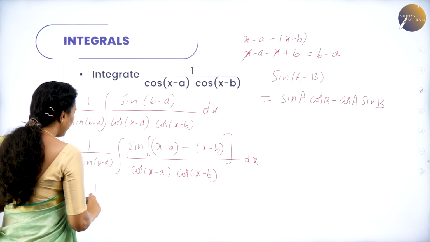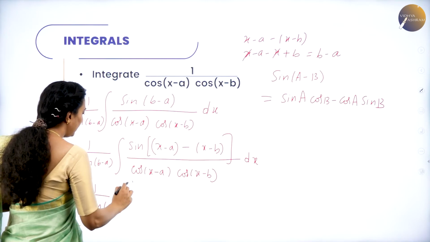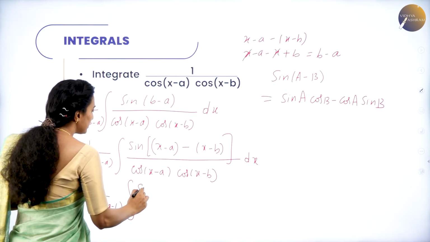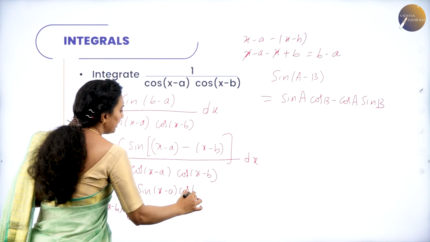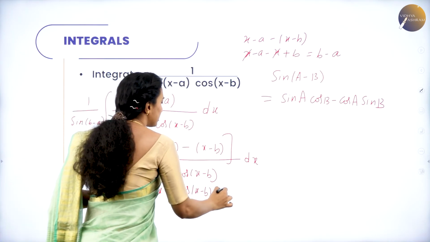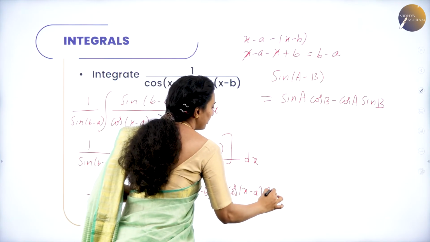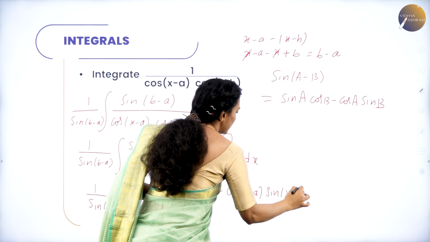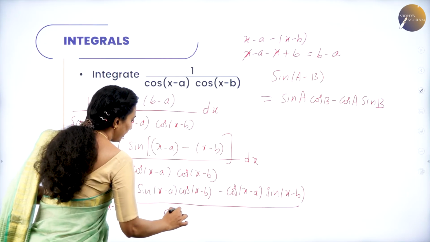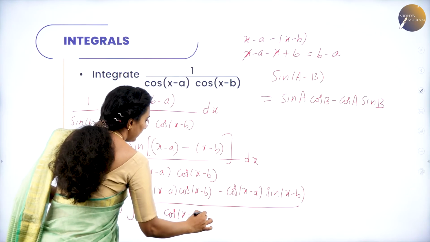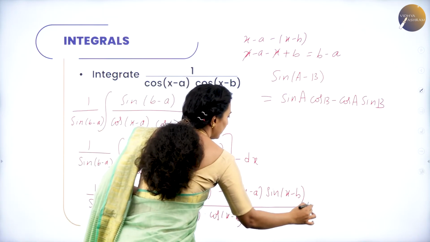Accordingly, we are going to write sine of a minus b, integral of this can be written as sine a into cos b minus cos a into sine b, which is x minus b, divided by cos of x minus a into cos of x minus b into dx.